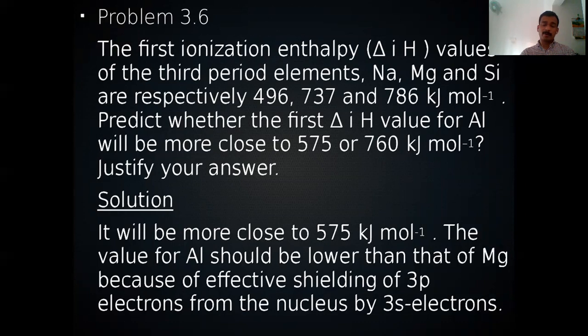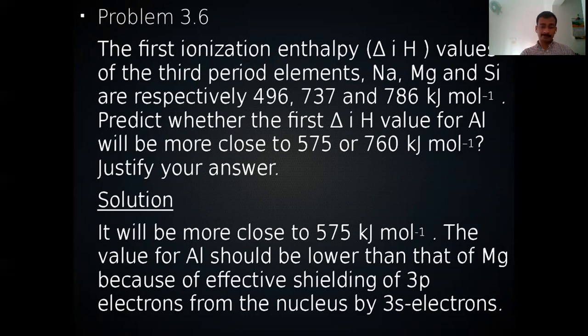We know aluminium is below boron. Magnesium is below beryllium. That means magnesium has a filled configuration. So we can say it will be more close to 575 kilojoule per mole. The value for aluminium should be lower than that of magnesium because of the half-filled configuration.